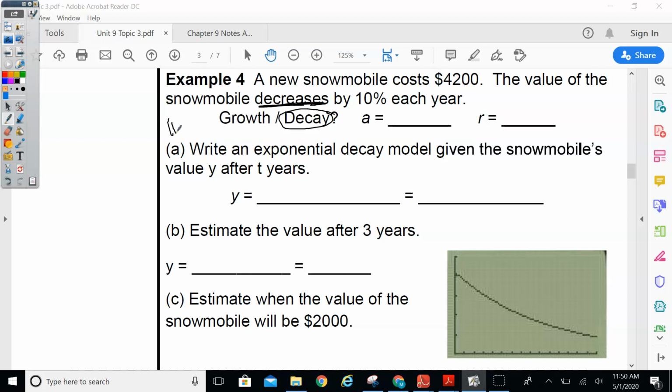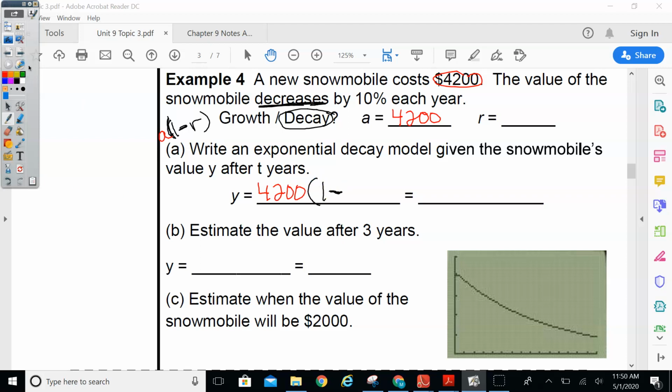So we're going to do 1 minus r to the t. Okay, so what is the A value? The starting amount is 4,200. So 4,200 is the first one, times 1 minus, we need r.